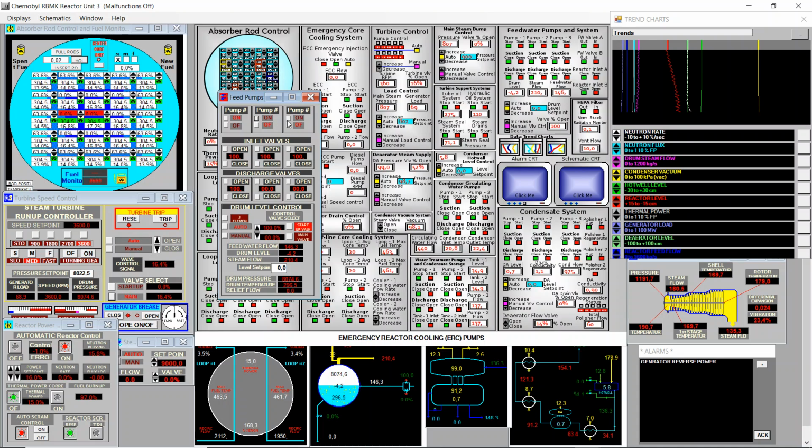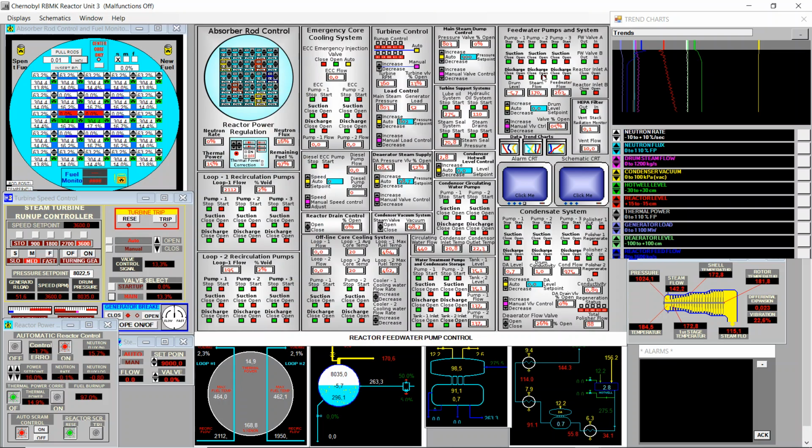Okay, turn on pumps 2 and 3 and open the discharge valves. Once the valves are open, we can switch to 3-element control to the main valve. Other things are fine. The turbine control is already in the main valve, and we will close the drains in the turbine support systems.